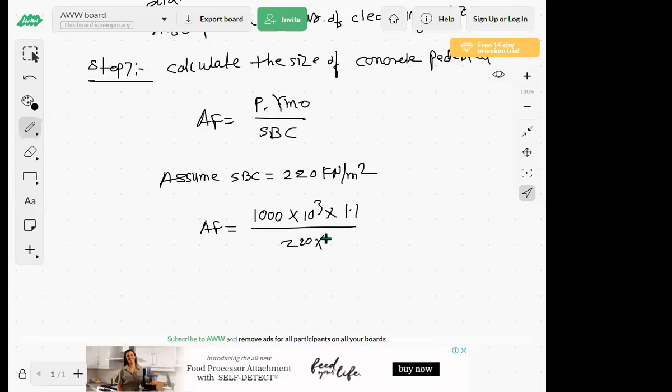It means we have to multiply by 10 raised to, so kilonewton, this will be 10 raised to 9. So this value will be, I think, 10 raised to 3 or 10 raised to 6.